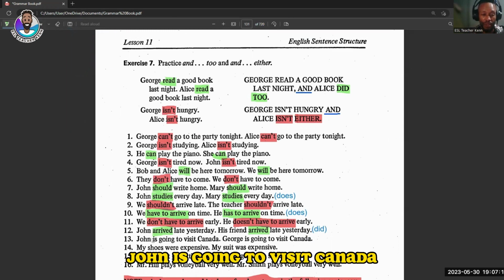John is going to visit Canada. George is going to visit Canada.